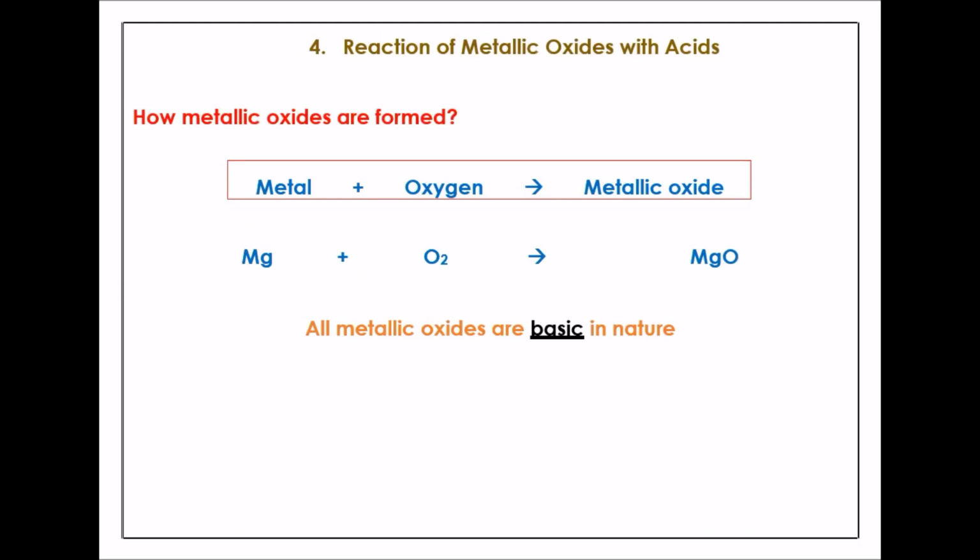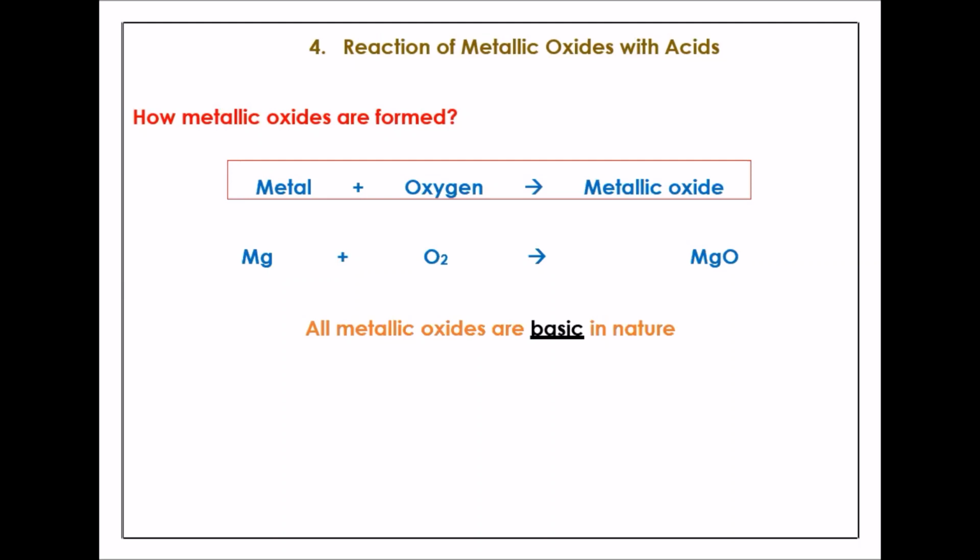Like that, when a metal reacts with oxygen, it forms a metallic oxide. And one very important point you need to remember: all metallic oxides are basic in nature. We can do one experiment: take a magnesium ribbon and burn it. We will get a white colored powder, that is magnesium oxide.